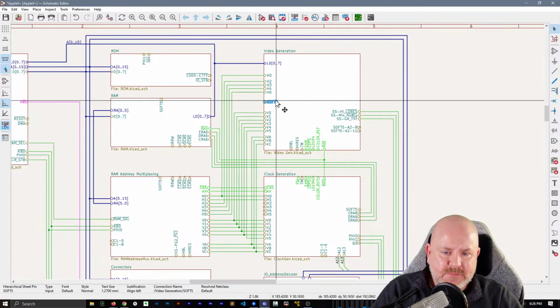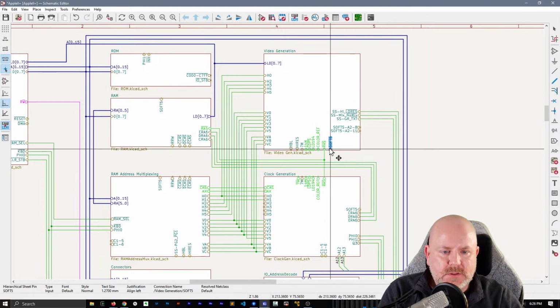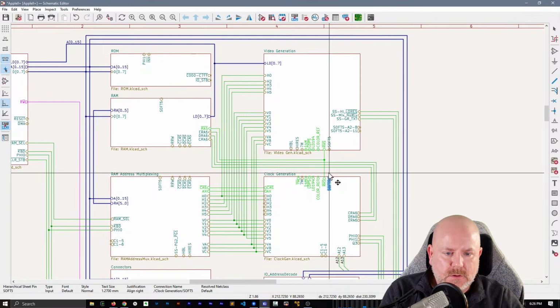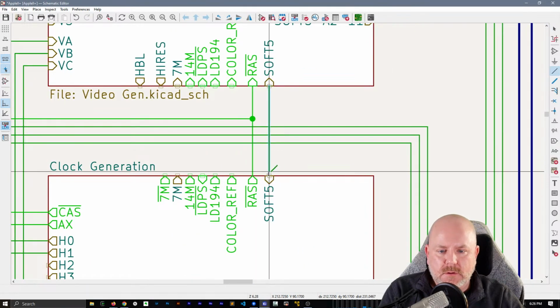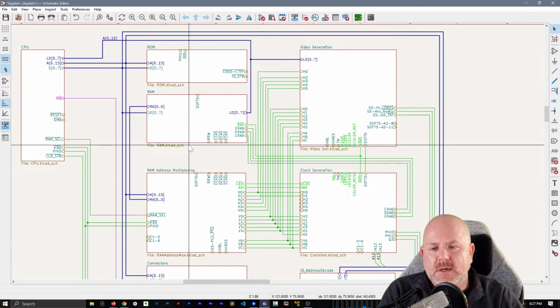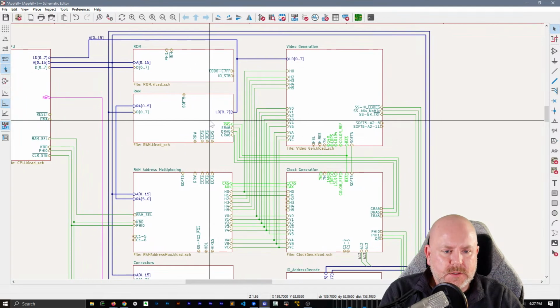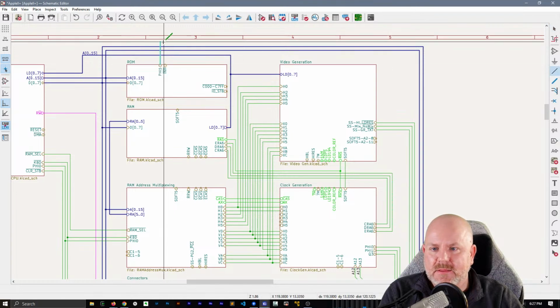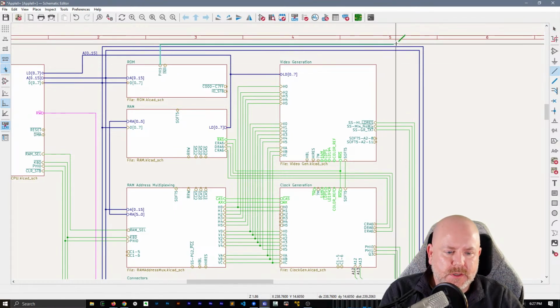All right, soft 5. Let's move this one to here. Let's move this one up here. All right. Let's see, phase 1. Okay, for the moment, I'm just going to leave it right there because I don't know where else to put it.